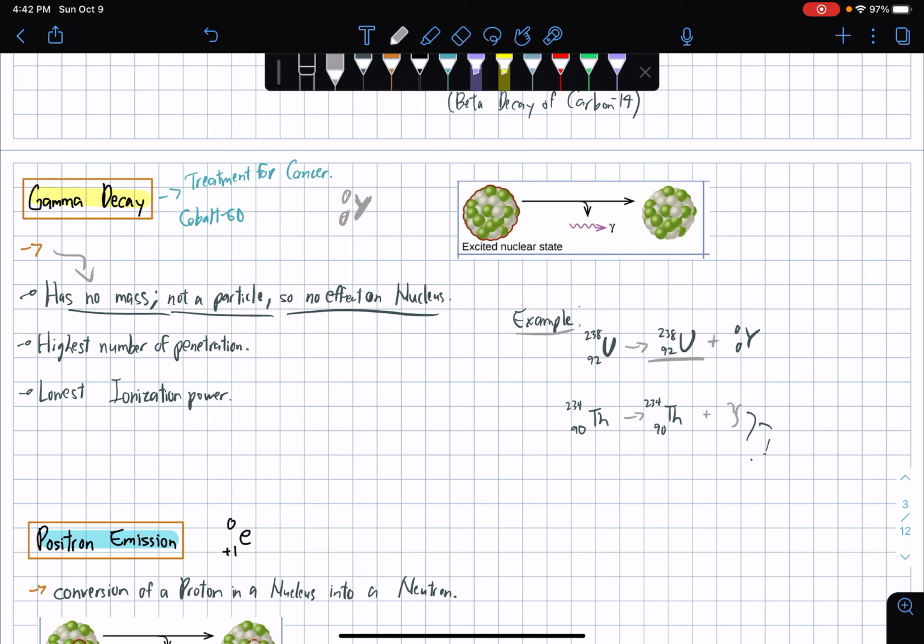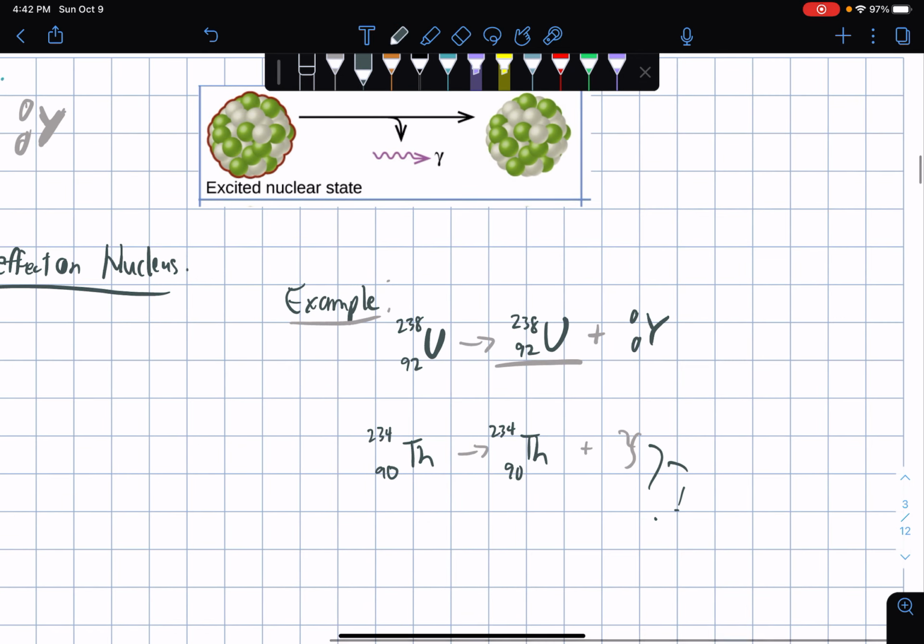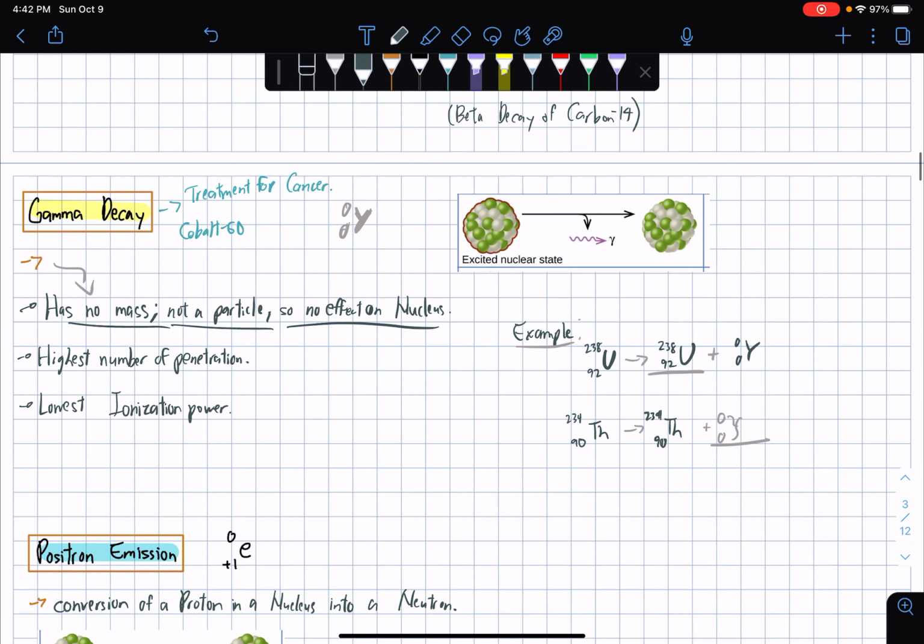A proton is still logically part of a nucleus. So, in the second example, as you can see here, actually I've already written the answer. It's still gamma decay, since nothing really changed. It's still thorium. TH stands for thorium, if I'm not wrong.